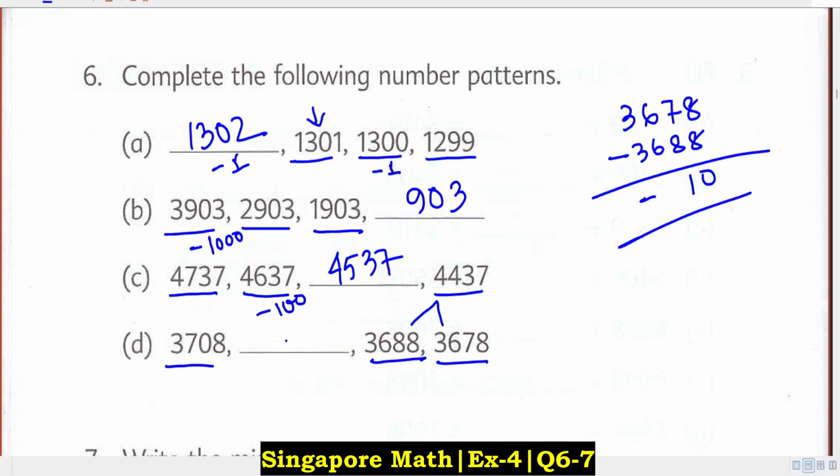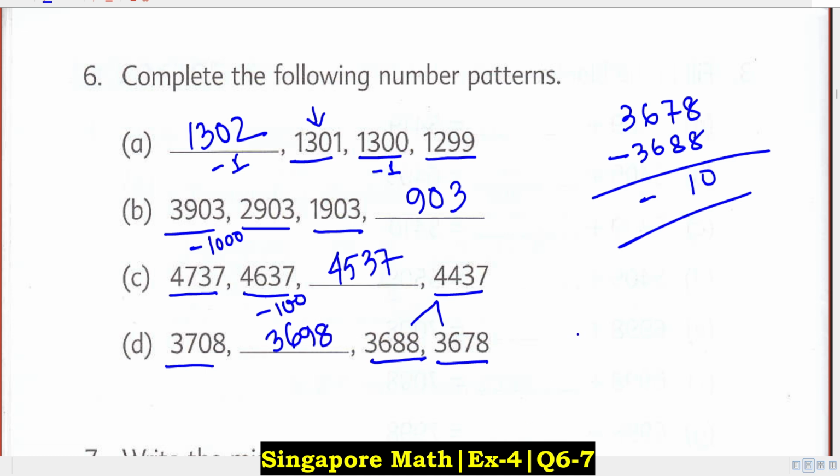So if we write here 3 6, here 8 8 and 7 8. So here is 7 8, 9 8, right?